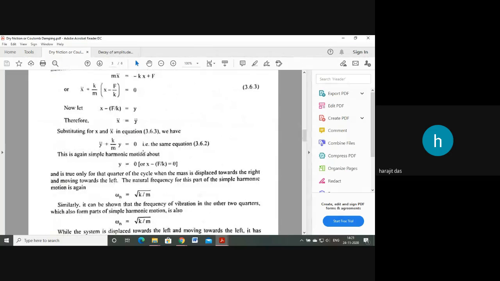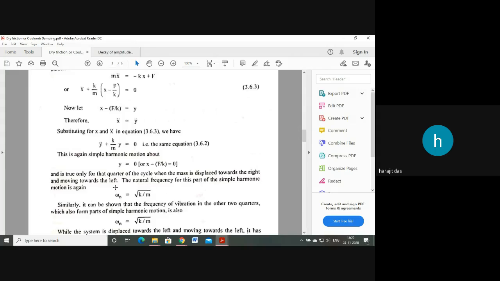In both cases, you get the natural frequency as root k by m. The same natural frequency in each quarter cycle, so the system has a natural frequency of root k by m, which is directly observed from the derivation.